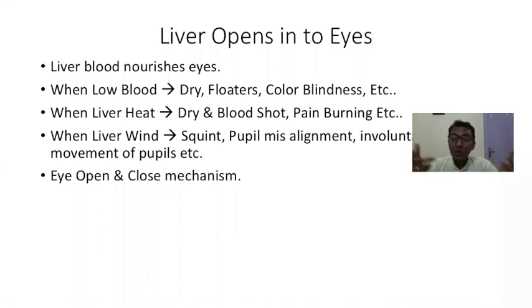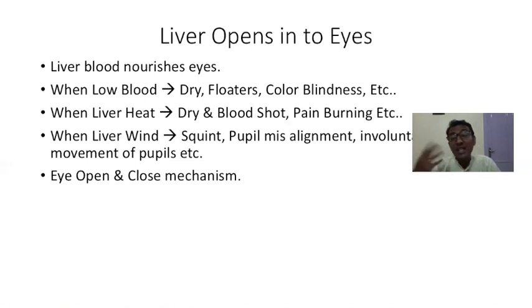And what could be the problem? We will have to diagnose. Either the blood is less or wind is more, depending on what the problem is. If there is any problem with the eyes, the first attention should go to the liver. If there is low blood in the liver, it will cause dry eyes, floaters or color blindness, etc. All those eye treatments come under the liver.